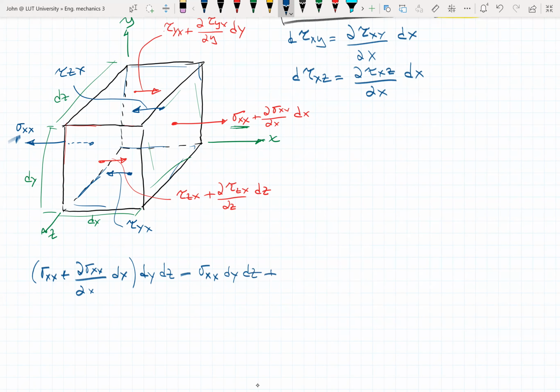Let's continue. Plus, let's take, for example, tau yx, this one here. Then tau yx plus the increment, this one here. The area where this shear stress is applied has dimensions dx times dz.